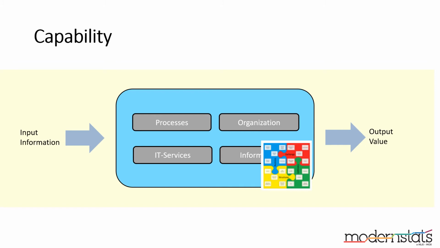In our enterprise architecture, we document the processes in process maps and organization in organization schemas. For IT services we have documentation on integration points and other software documentation. And information is our information models, but they are based on GSIM in our case.